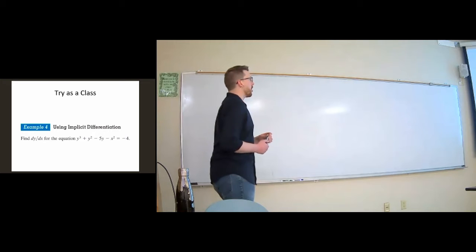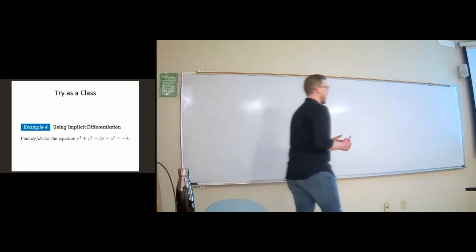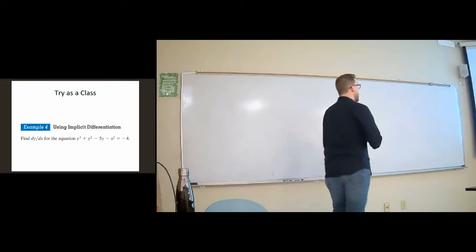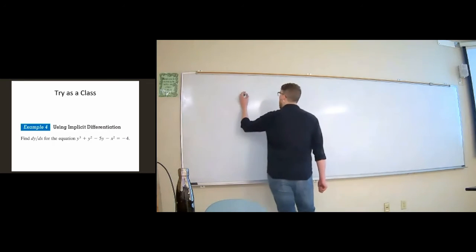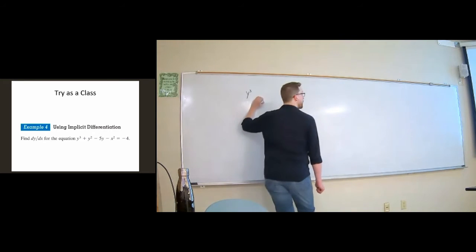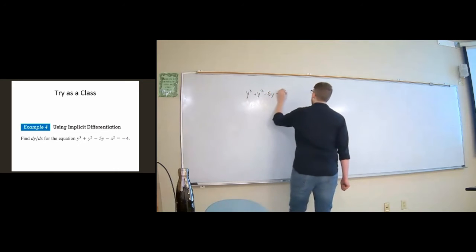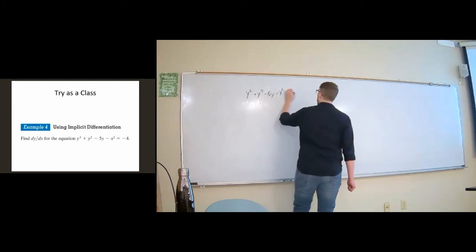All right, so what we're trying to do is we want to find dy/dx. And we're told that y cubed plus y squared minus 5y minus x squared is equal to -4.